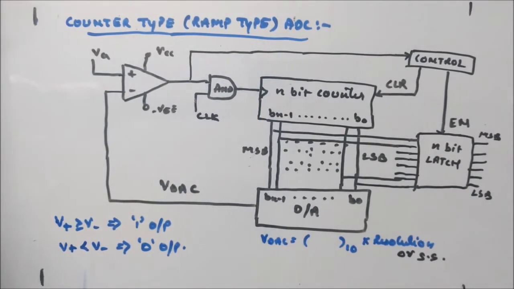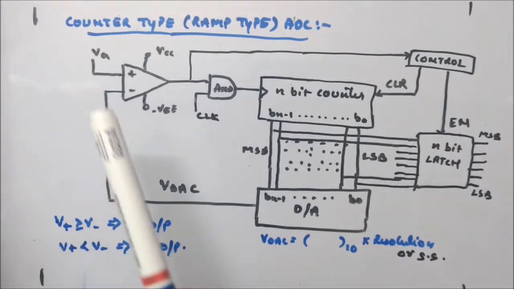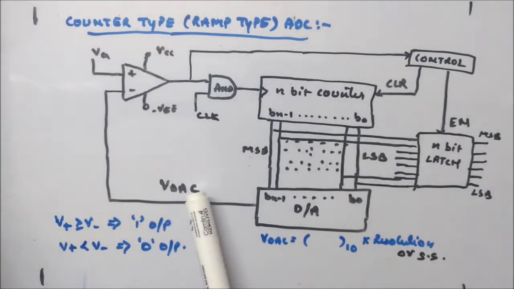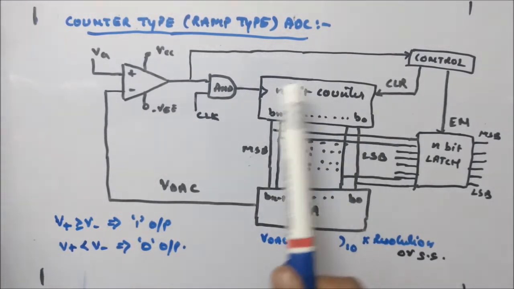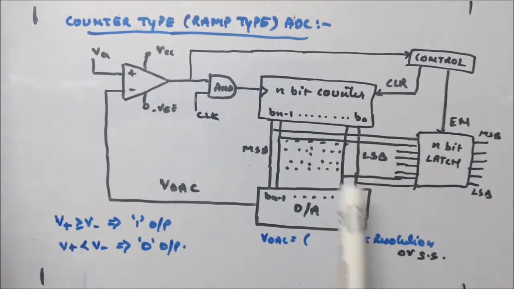Now how will this circuit work? You apply your analog voltage here. It will compare with the analog output of the DAC. Initially this counter will be set to 0 0 0 0, all zeros, so the DAC output will be 0.